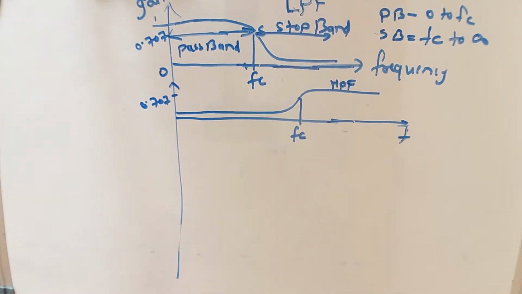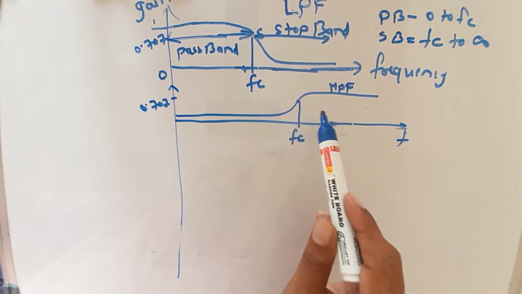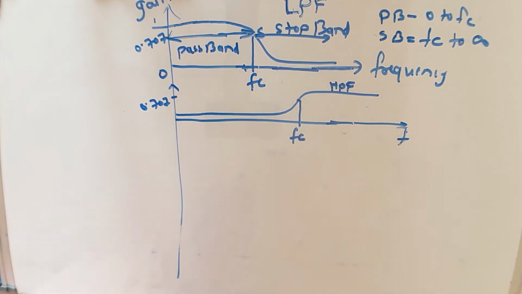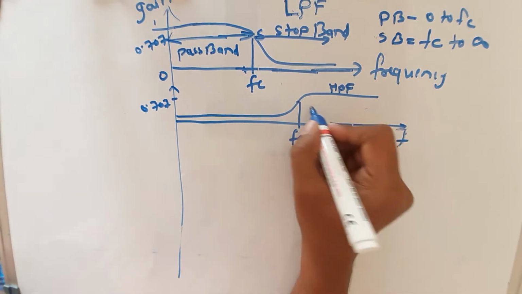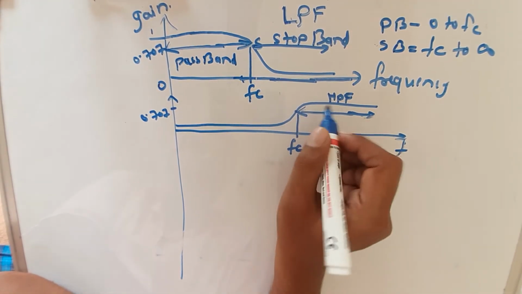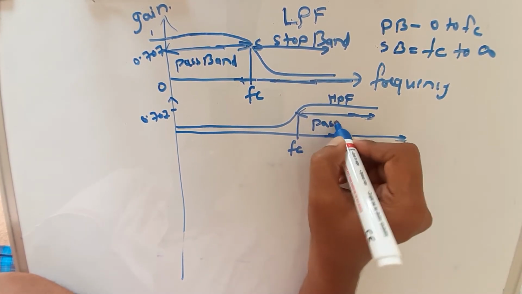Looking at this, we observe that the gain must be maximum at higher frequency, and below this the gain will be nearer to 0, or nearer to the smallest value. This cutoff frequency differentiates two bands, and we already know in the pass band the gain must be maximum, which will pass the frequency.